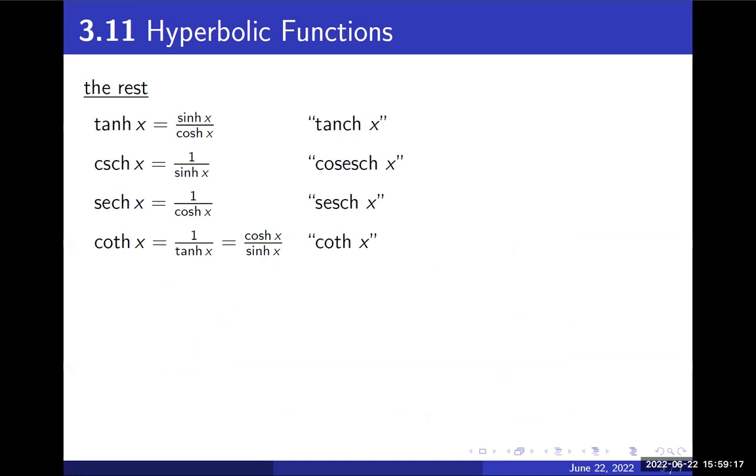We've got hyperbolic tangent. The nickname for hyperbolic tangent, we're going to call it tanh x, kind of like ranch. It's equal to sinh x over cosh x. Next is hyperbolic cosecant. That's 1 over sinh x. This is the most difficult name and the one I struggle with.